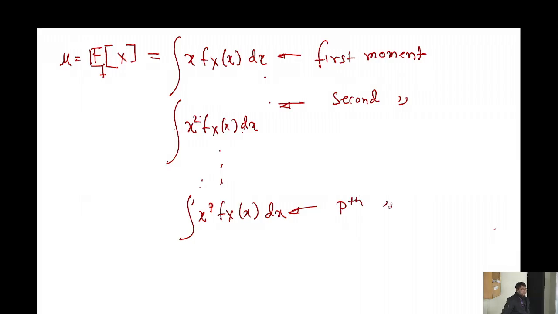Okay, and you can find anything. Now this variance or standard deviation is a function of the second moment and the first moment. You can use the second moment and first moment to find out this variance and standard deviation. I'm not going to write it, you read it, and it's one line, you probably know it already. Okay. So these are the statistical quantities you can calculate using your PDF, given that you know your PDF.